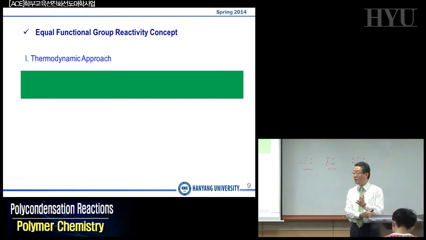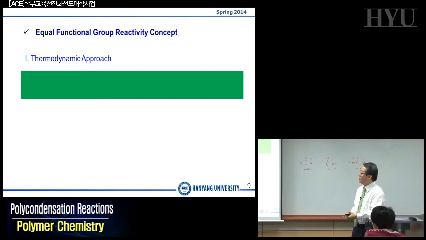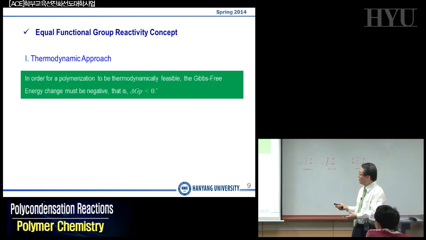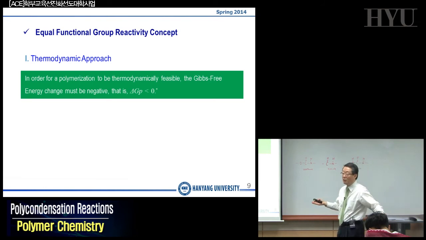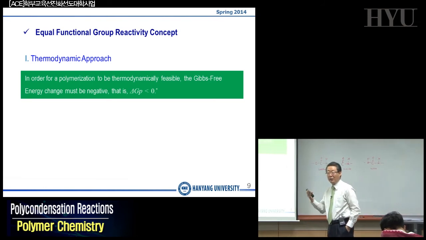I think we have already discussed the thermodynamic concept, because you know that the Gibbs free energy of polymerization reactions will be touched upon here, but we have already talked about the Gibbs free energy of melting in chapter 5 or 6. Now, for the Gibbs free energy of polymerization, you only change the subscript. It should be negative in order for the polymerization reaction to proceed. We call this spontaneous polymerization.